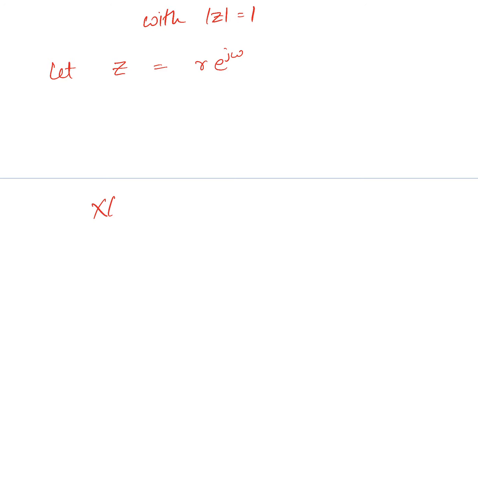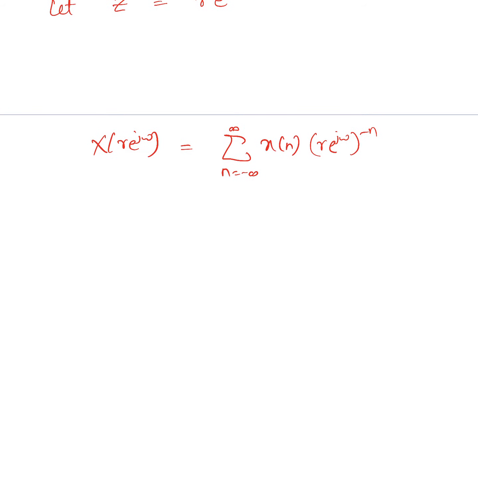Then substituting in the above formula, we would have the summation n from minus infinity to infinity x of n. Now I substitute z as r e to the power j omega, to the power minus n, right? Which I can simplify as the summation from minus infinity to infinity x of n, combining this r to the power minus n with this part, times e to the power minus j omega n.